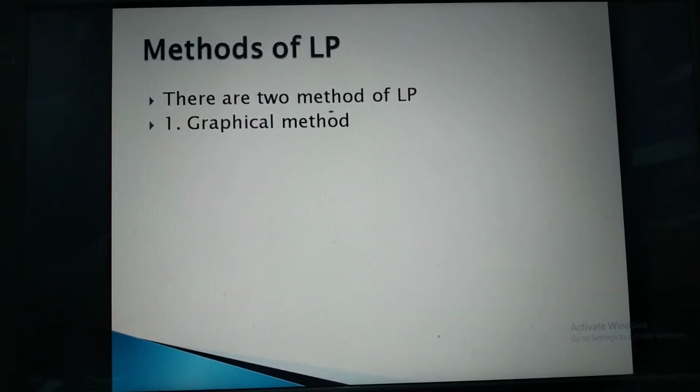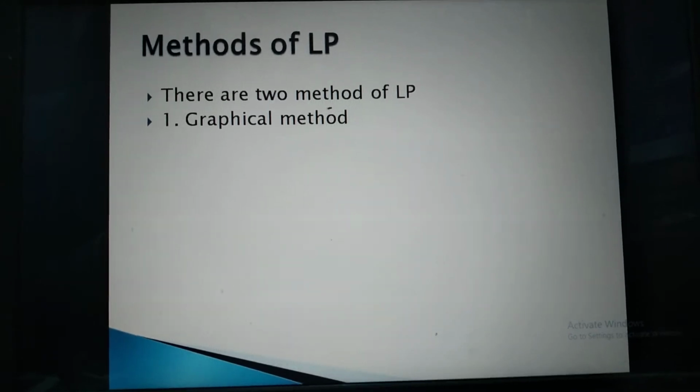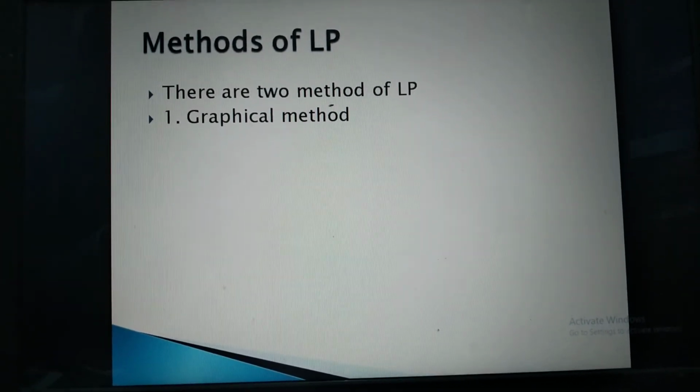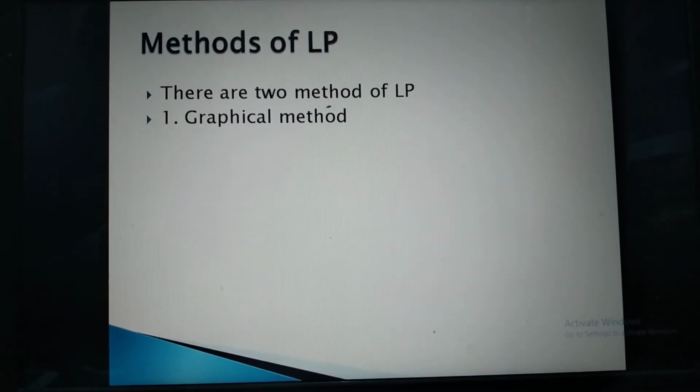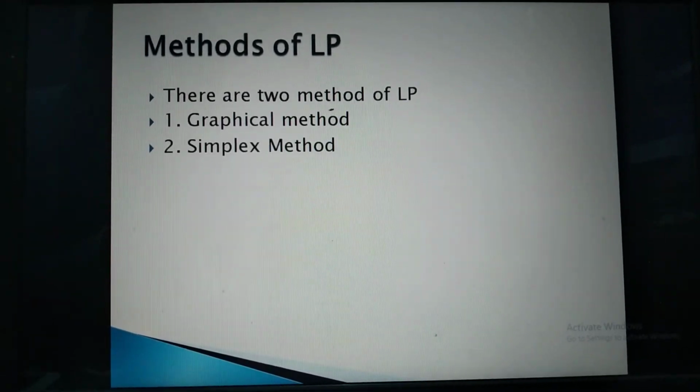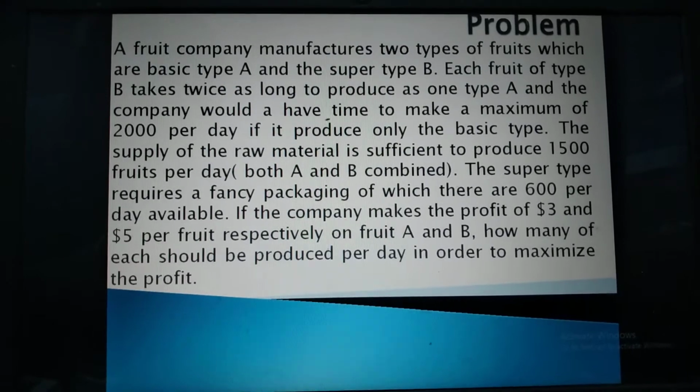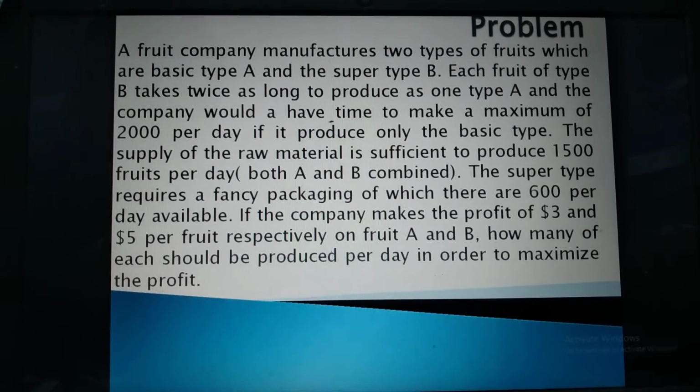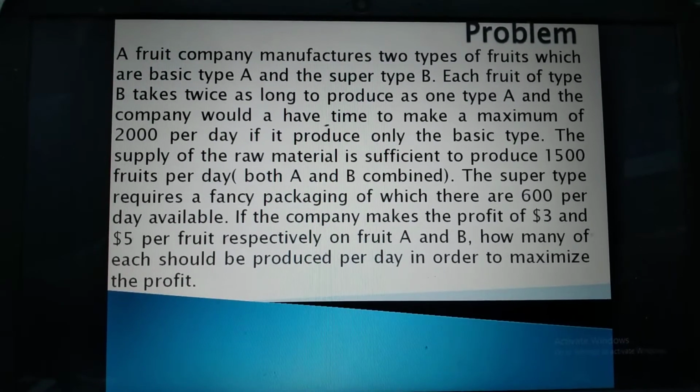Now, methods of linear programming. There are two methods of linear programming. One, we have the graphical method. Two, we have the simplex method. This is the problem that we have, so we are solving a problem.